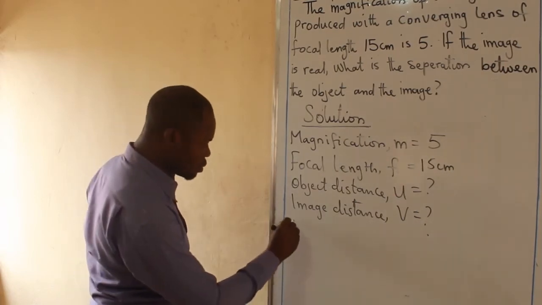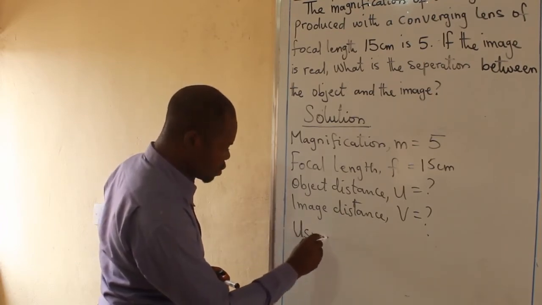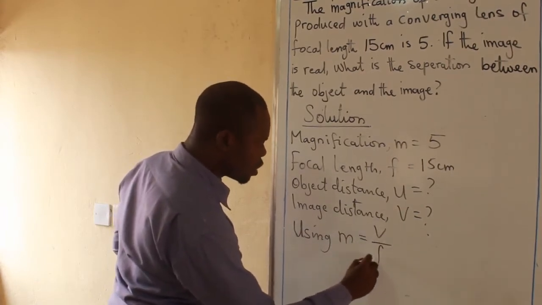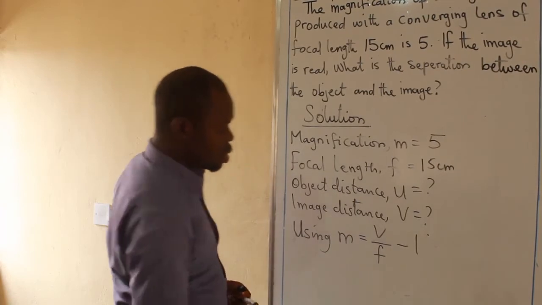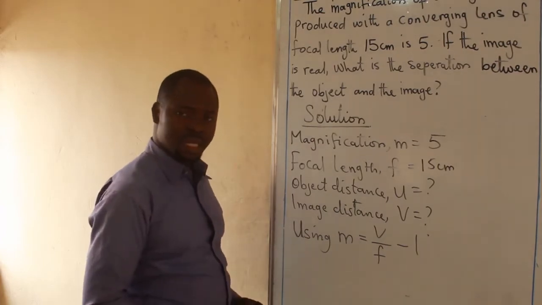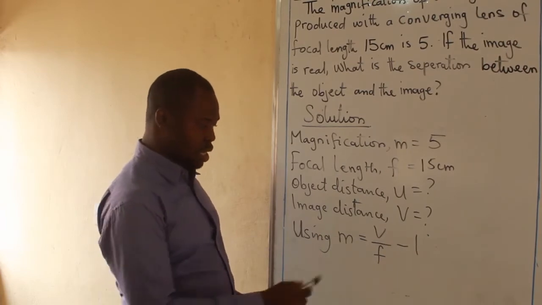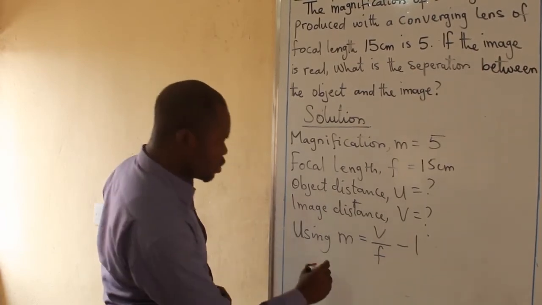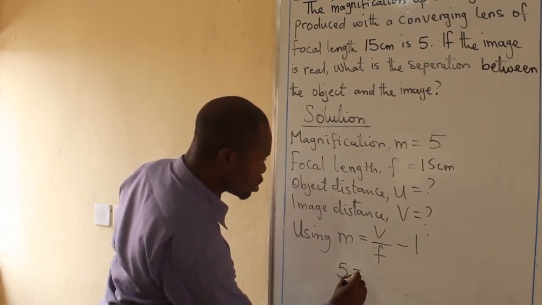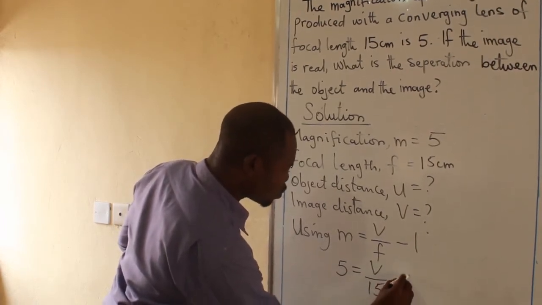Okay, so using M equals V over F minus 1, where M is the magnification, V is the image distance, F is the focal length, and then you have minus 1, that's a constant. So let's substitute our values. We have 5 equals V over 15 minus 1.